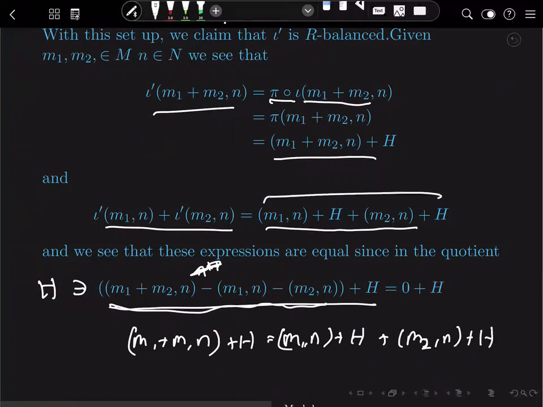So we see that these two expressions are equal, which gives us the fact that iota prime is R-balanced.